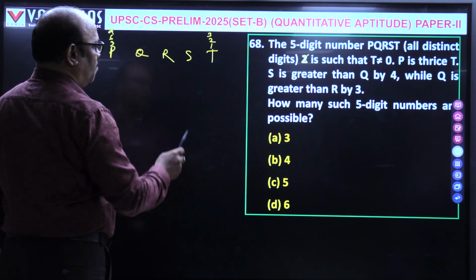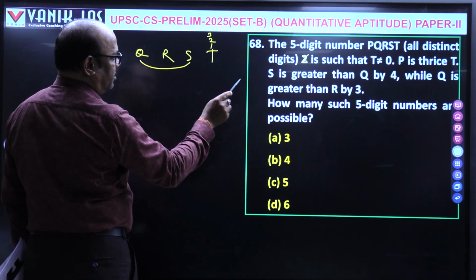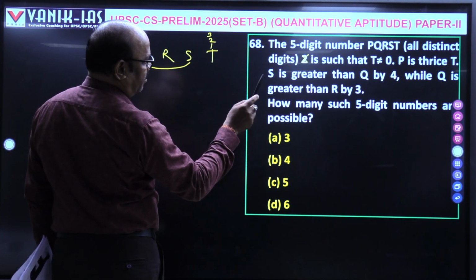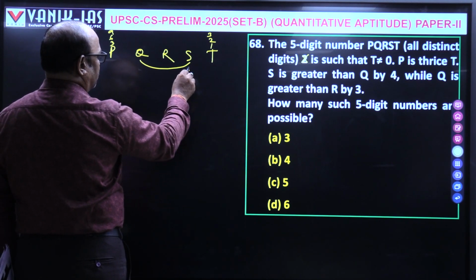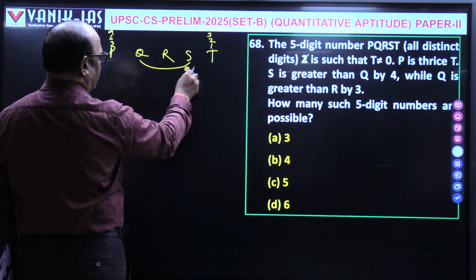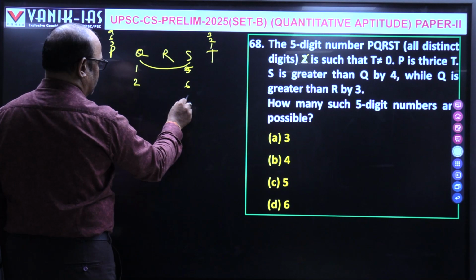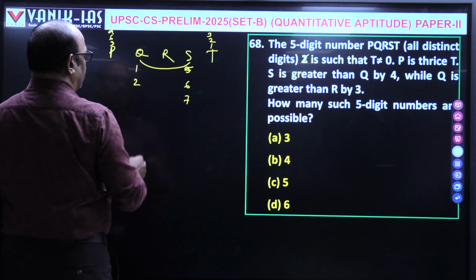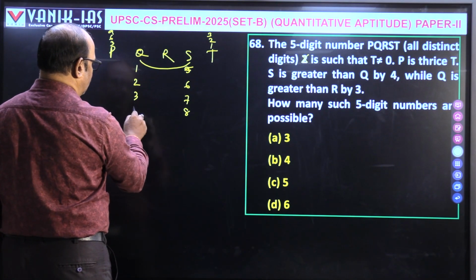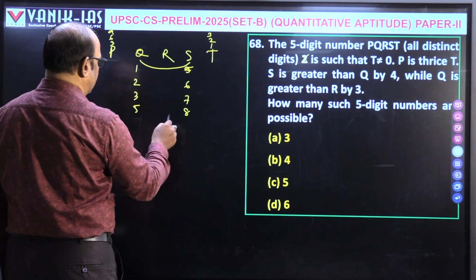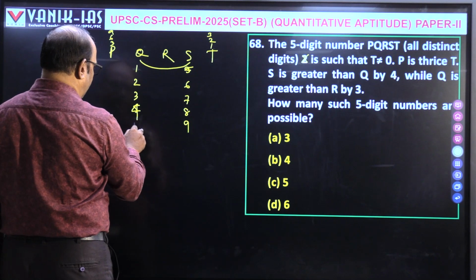S is greater than Q by 4, so the difference is 4. If Q is 1, S is 5; Q is 2, S is 6; Q is 3, S is 7; Q is 4, S is 8; Q is 5, S is 9.